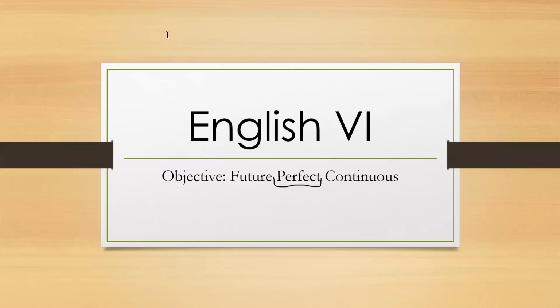Okay. So let's say that we have this line, which is a timeline, right? So we're here in the now. Okay, this is the now. And this is in 5 years. So this is the future.